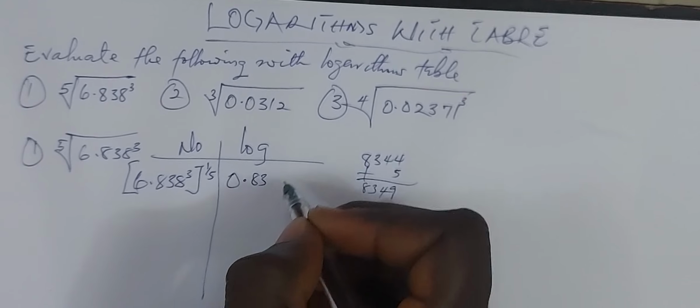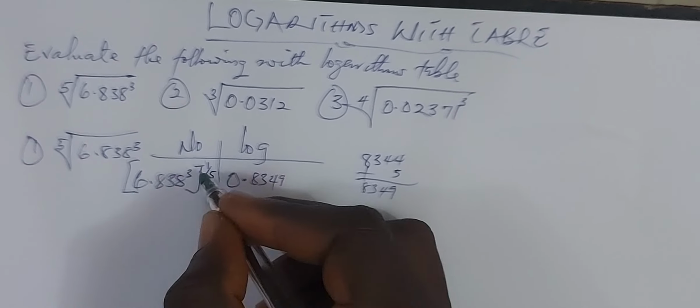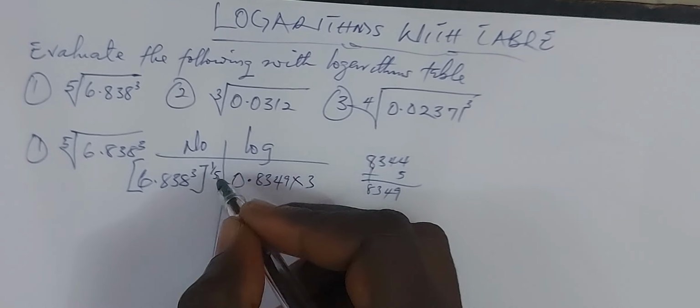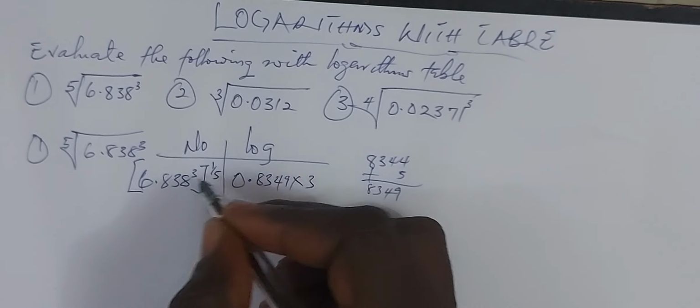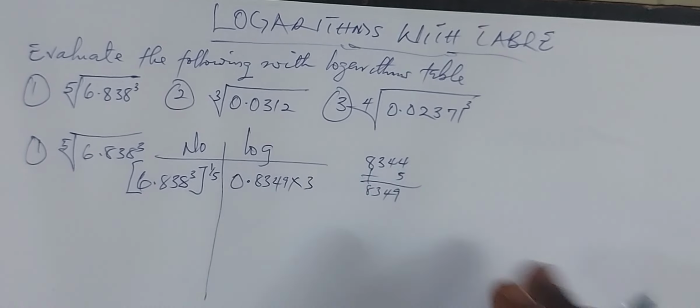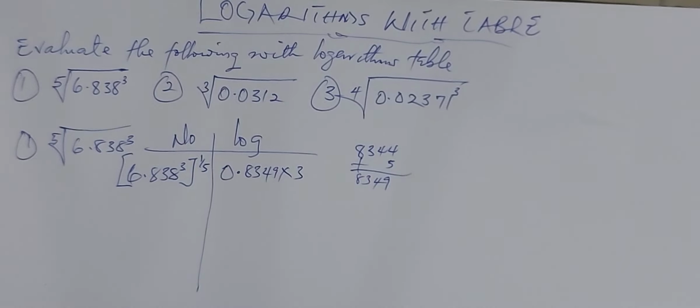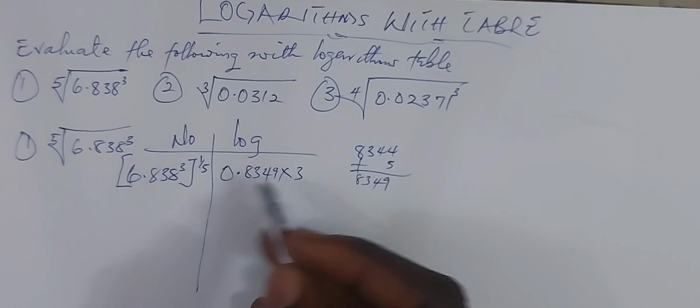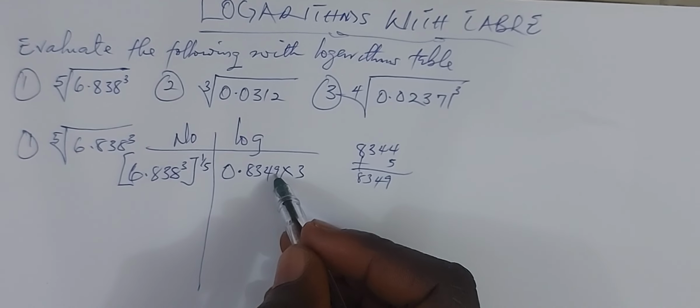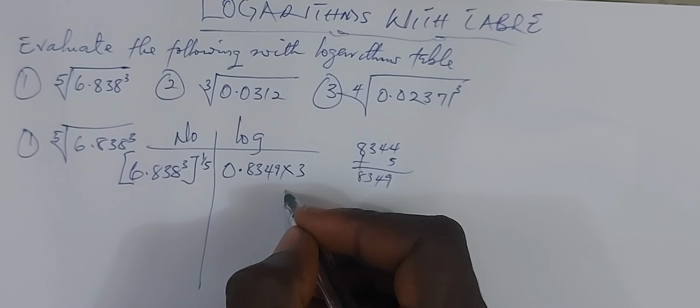8, 3, 4, 9. Multiply it by 3. The power inside, you multiply it by 3. Okay? So we multiply from the right to the left. 3 times 9, we have 27.